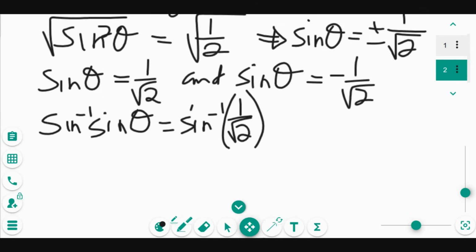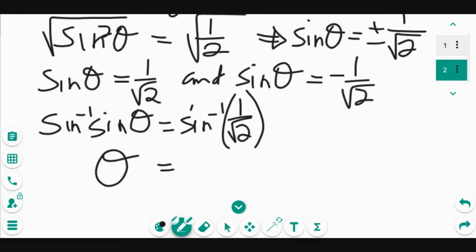It looks like I'm dealing with a positive one. However, when I'm dealing with the negative one, I will ignore the negative. I now have theta being the sine inverse of 1 over root 2. When you press sine inverse, open brackets, 1 over root 2, close brackets, you are going to get 45. That's what I've done. I have 45.